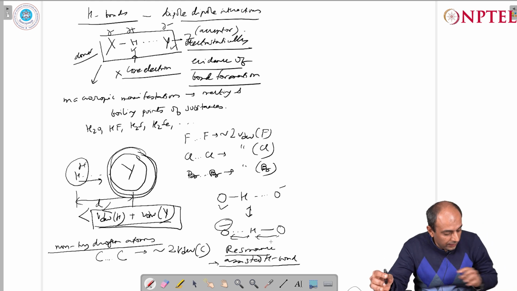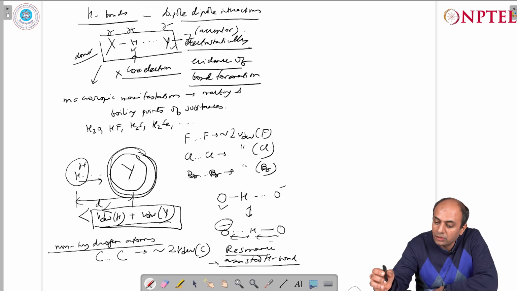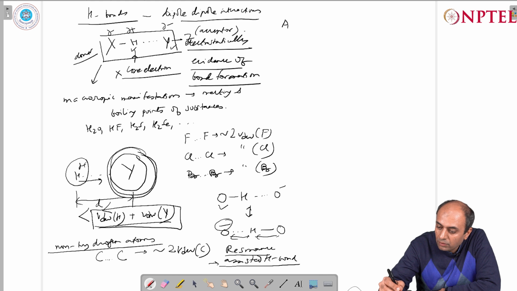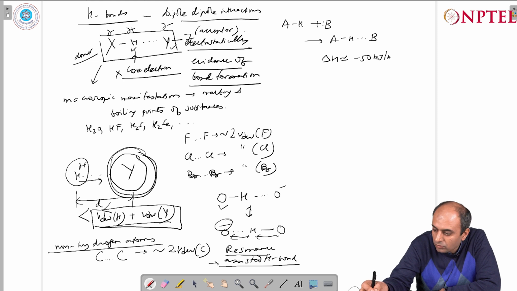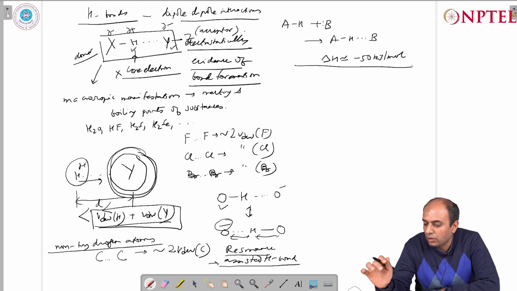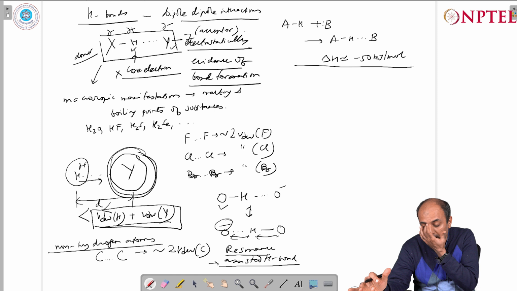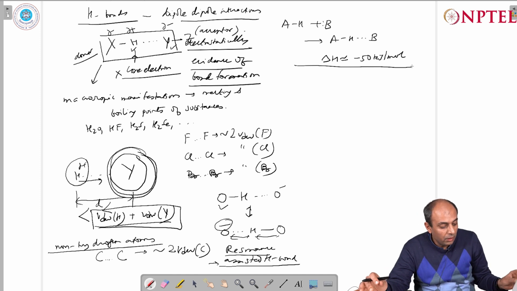Now, traditionally when you have AH plus a base B interacting with a donor, you have a hydrogen bond, and normally the enthalpy change for this process, for a strong hydrogen bond, is roughly around 50 kilojoule per mole.